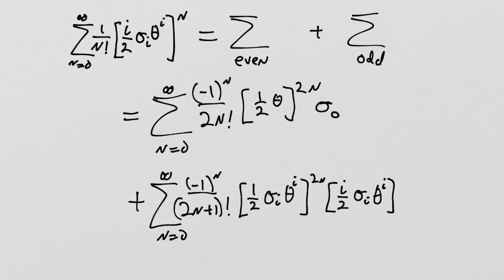So this first term, the even terms, get simplified in this way. The odd terms get simplified in a similar way, and we do the exact same thing right here. Here we can't do it because we're not squaring it, right? But here we can.